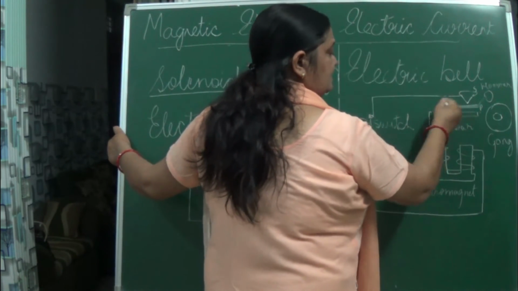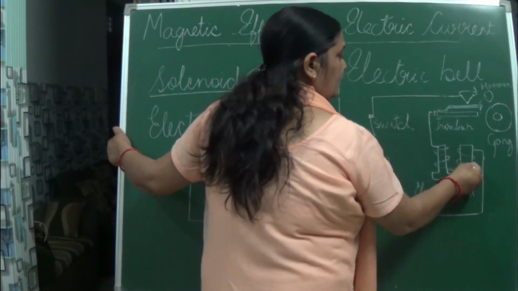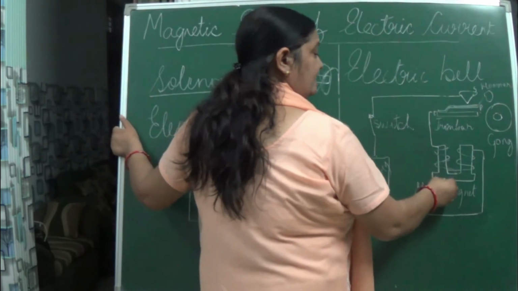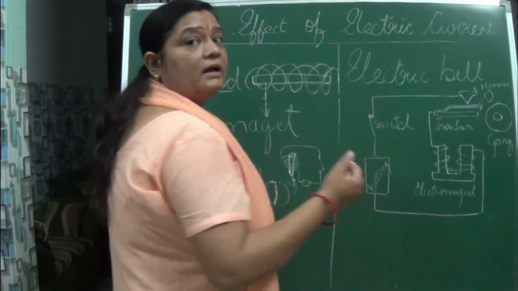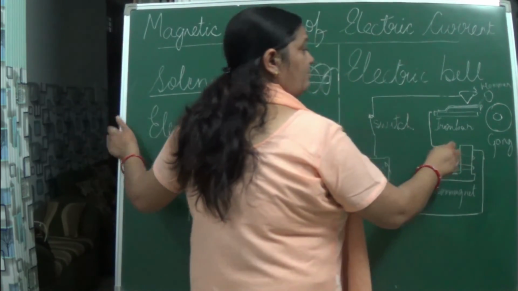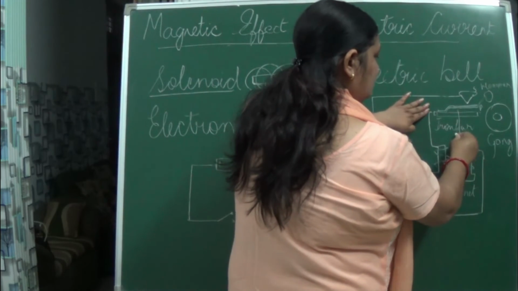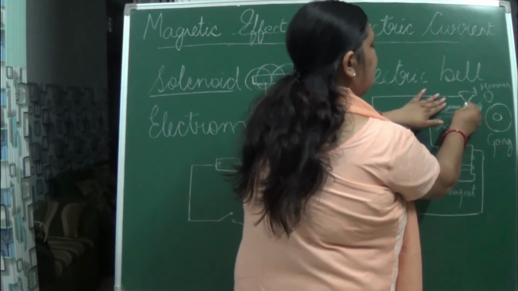As the result, when the current is passing through this iron, it produces a magnetic effect, isn't it? And as it produces a magnetic effect, it is behaving like an electromagnet. When it behaves like an electromagnet, it attracts this iron bar towards itself. As the result, here you can see a disconnection.